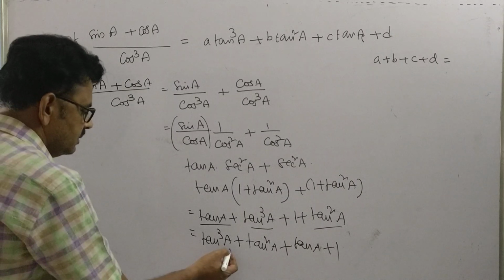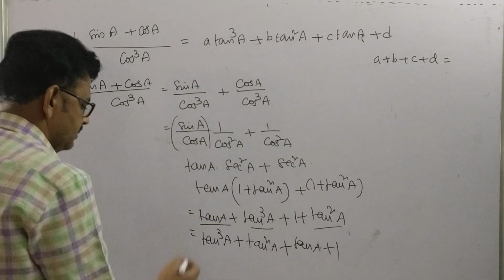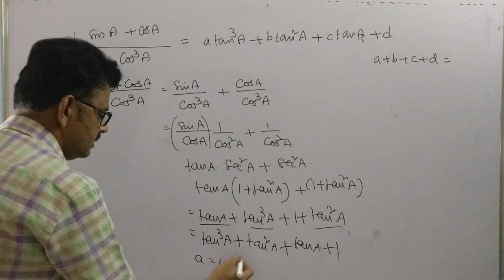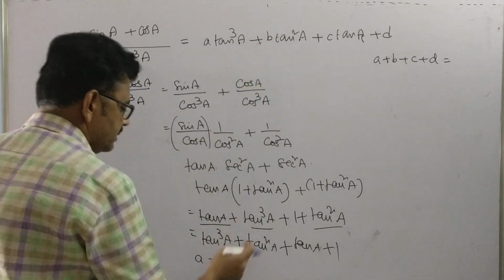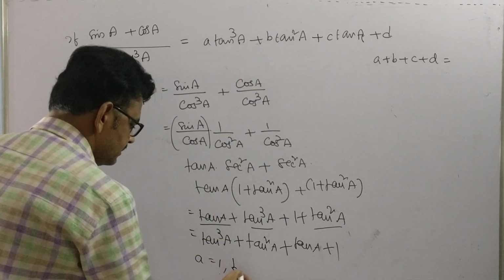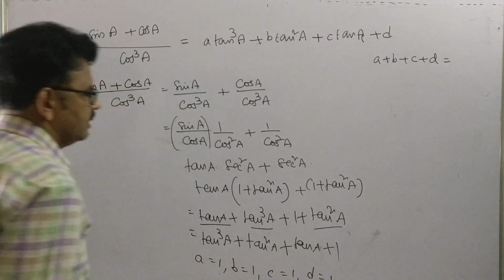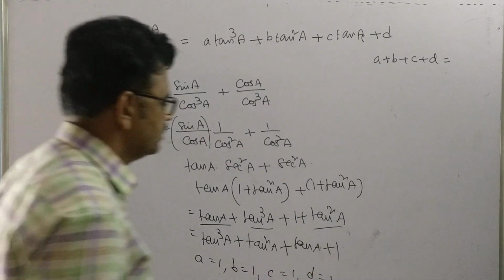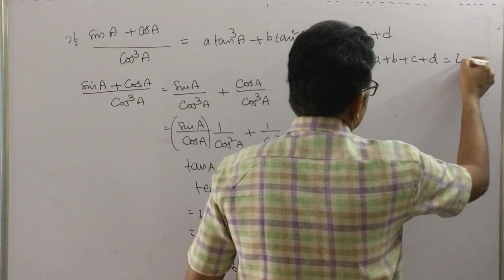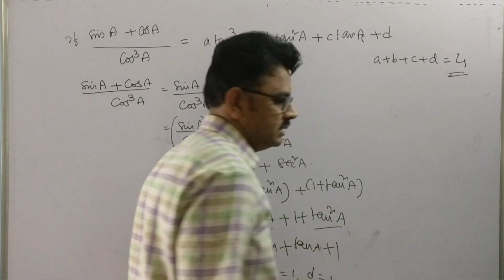So the tan³a coefficient is what? 1. So a is equal to 1. The tan²a coefficient is b, b is 1. And c is equal to 1, d equal to 1. Therefore, a + b + c + d equal to 4 is the answer.